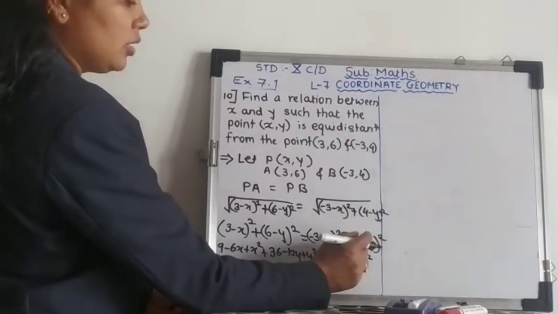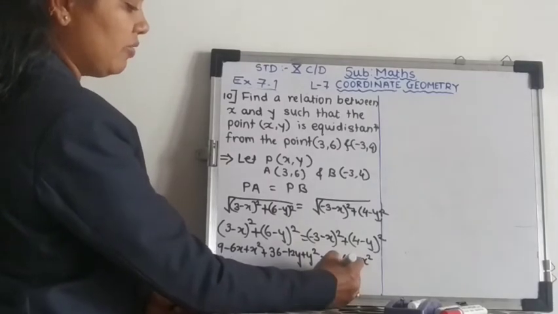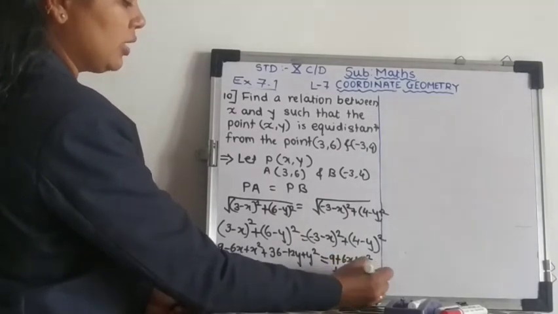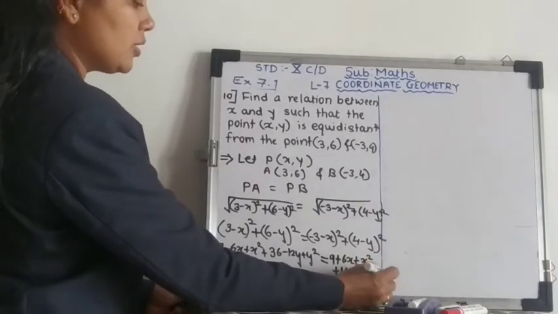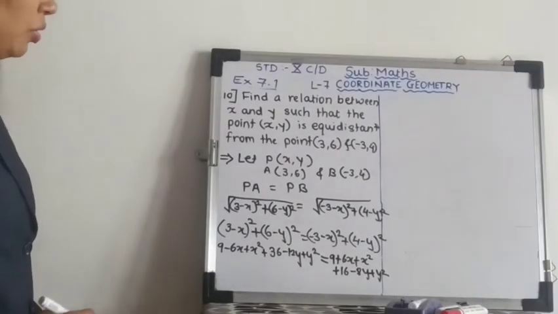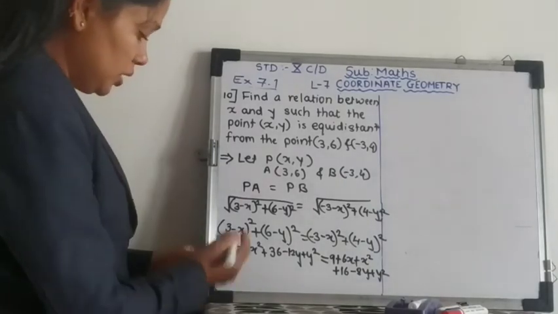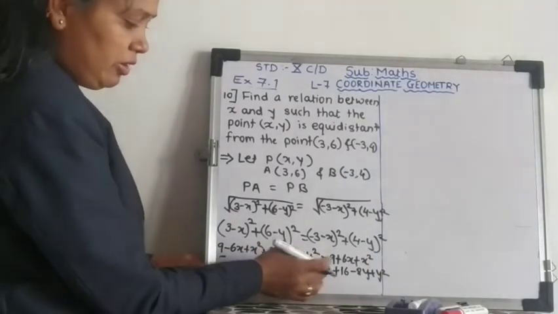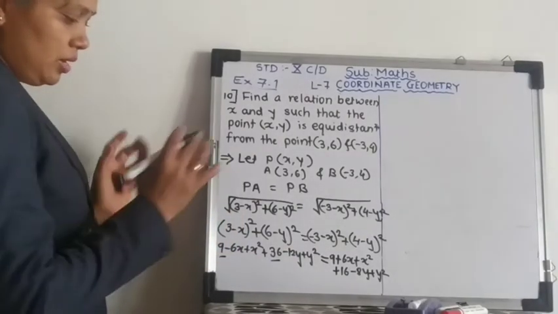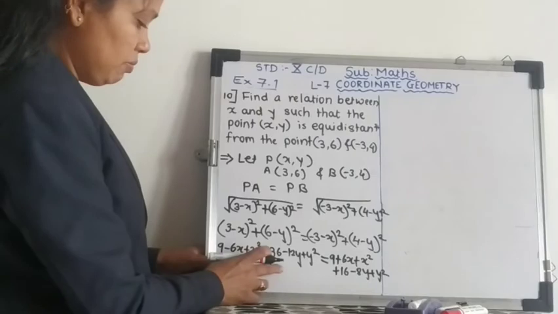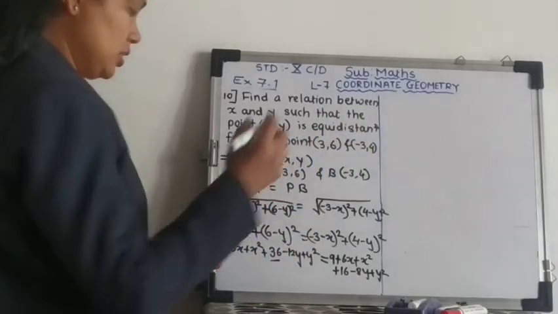Then squaring 4 square is 16 minus 8y plus y square. Now like terms, addition and subtraction we will do. So first simplify the left side: 9 plus 36, that is 45.